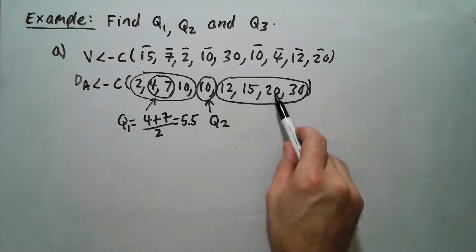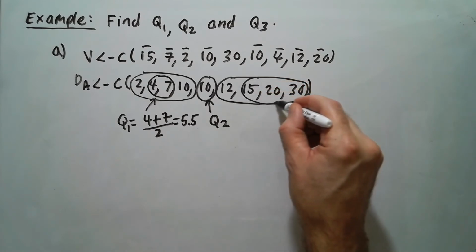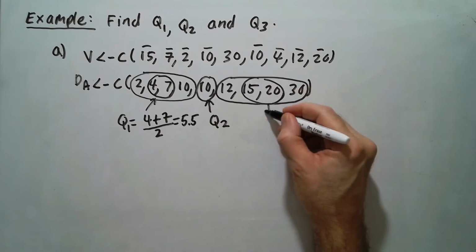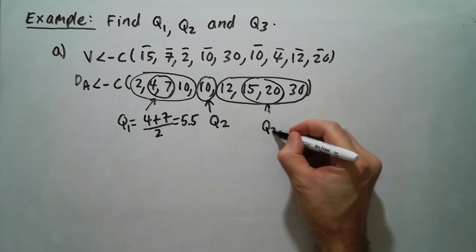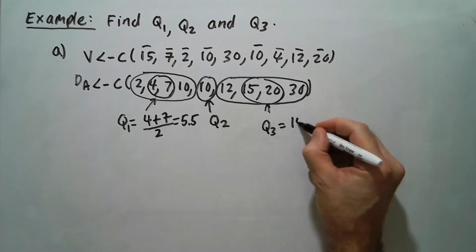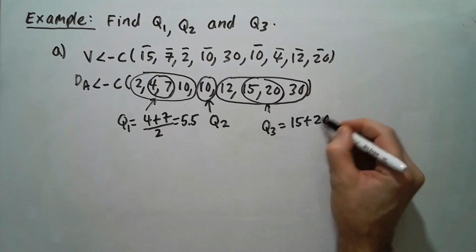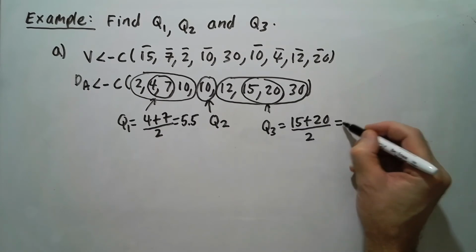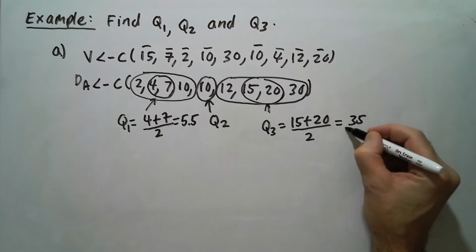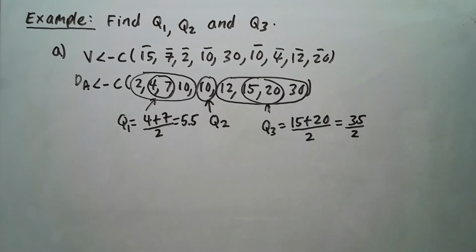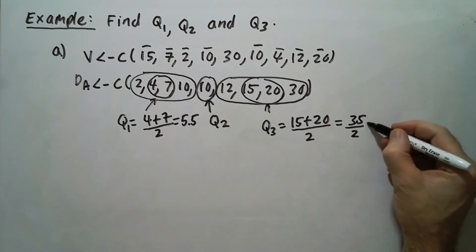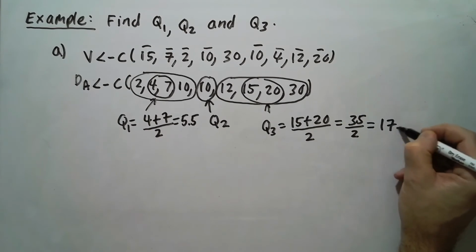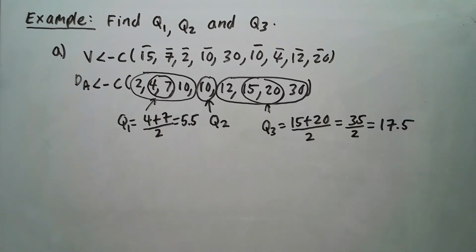It looks like 15 and 20. So our Q3 would be 15 plus 20 over 2, which is 35 over 2. And you can check in your calculator that's 17.5.